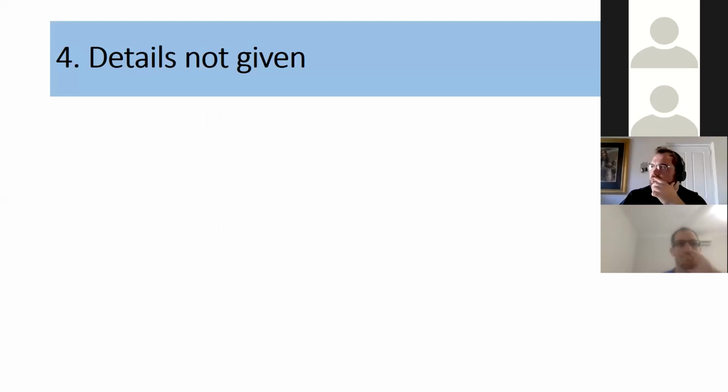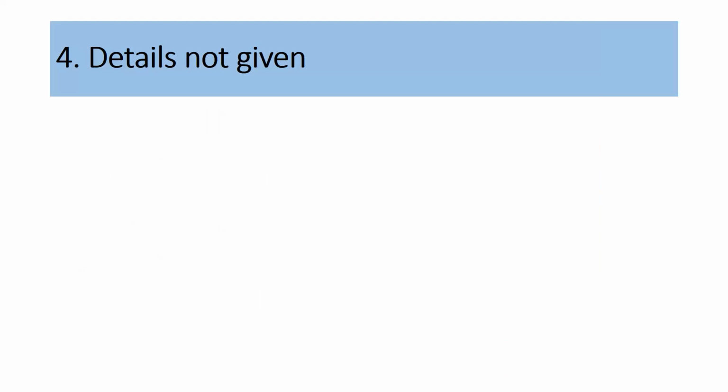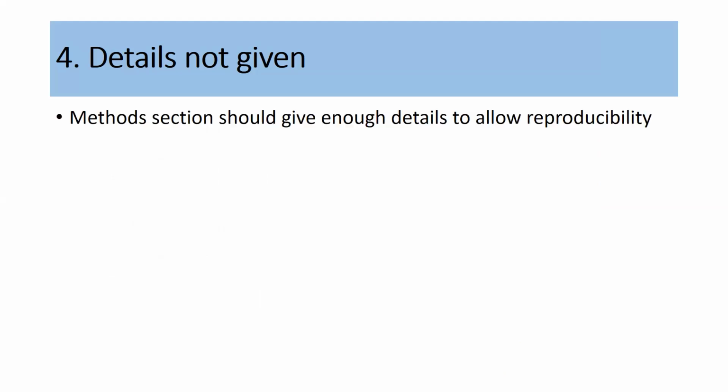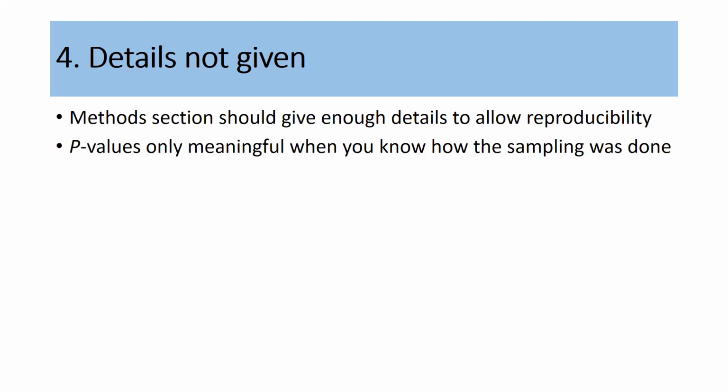The fourth problem is that details are sometimes not given. You cannot just interpret p-values and results of statistical tests without knowing the context behind them, the sampling that was done, and the whole methodology that was used in enough detail to allow reproducibility of the study. P-values are only meaningful when you know how the sampling was done and the context behind the study.